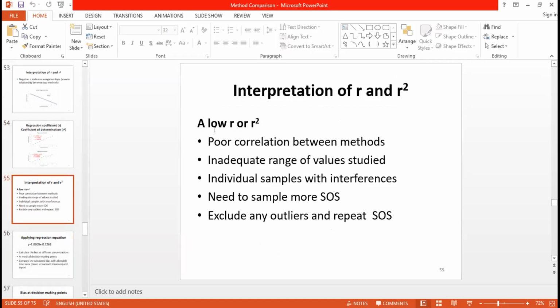So if your R or R squared is low, that indicates a poor correlation, but at the same time, it could be due to inadequate range of sampling, or maybe due to individual samples with interferences. So you are supposed to do more sampling and exclude any outlier.